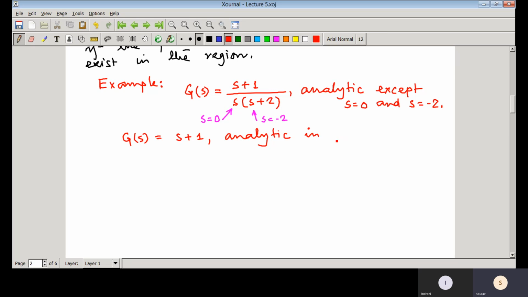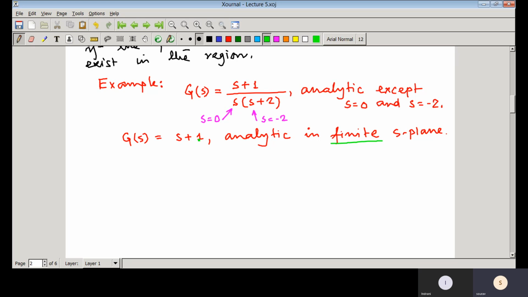Analytic in finite s plane. So that means this would be only infinite, that if you take s equal to infinity. That means if you consider that finite s plane, this function is analytic. So these are the two definitions, and all through the course I'll be using this term that function is analytic. I hope later on you should not be confused.